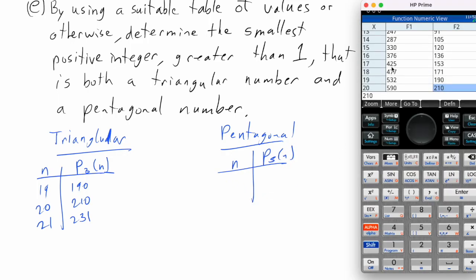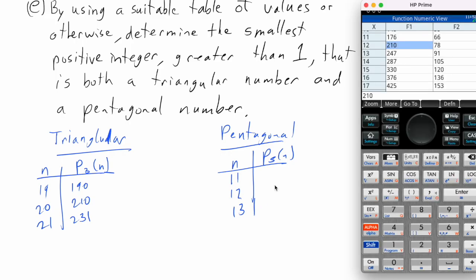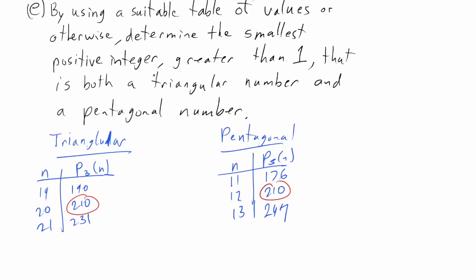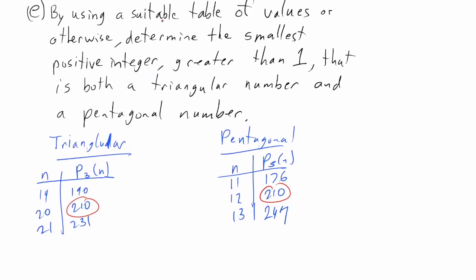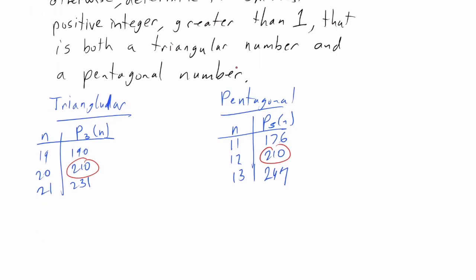our answer was up here at 12. So let's do 11, 12, 13, and we have 176, 210, and 247. Maybe I'll circle them. And so the question says, determine the smallest positive integer greater than 1 that is both triangular and pentagonal.